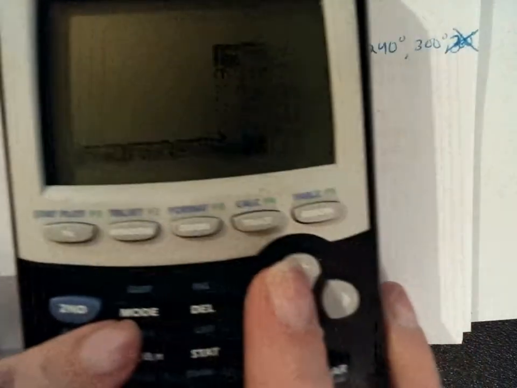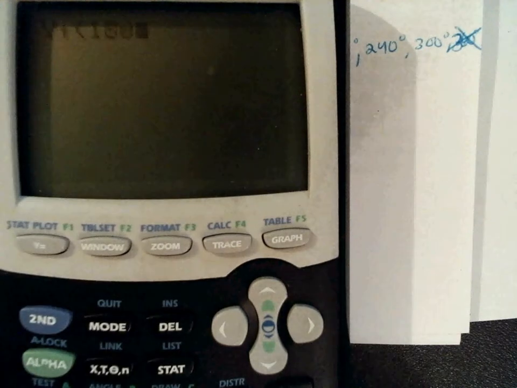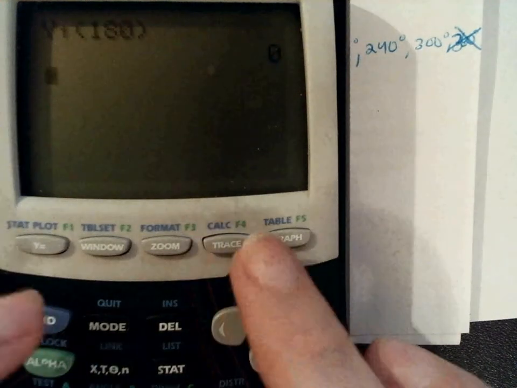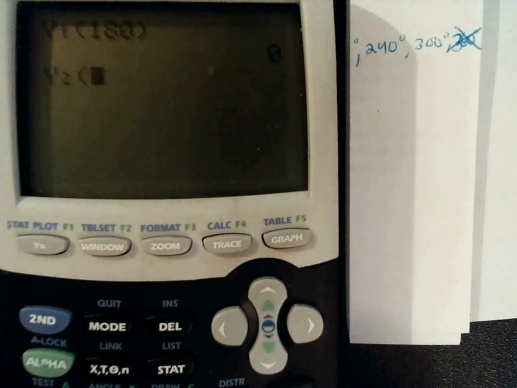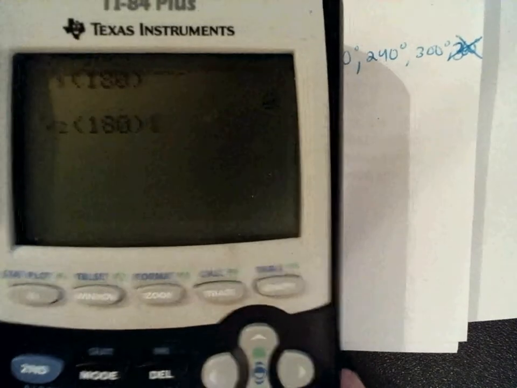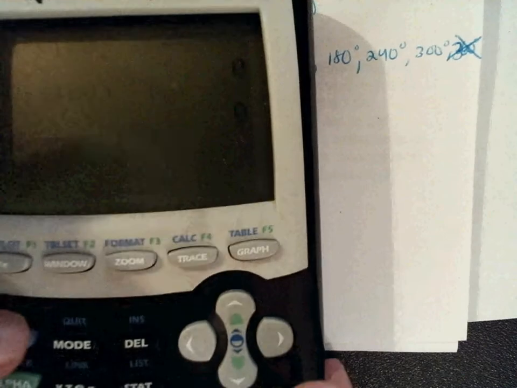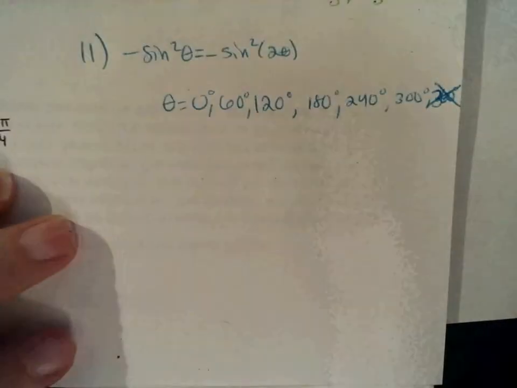And in the home screen, I can do alpha trace, and I can do y1 open parentheses at 180. Press enter. And then do y2. So alpha trace y2 at 180. So open parentheses 180. And this is just like function notation, f of. So you're plugging 180 in and you get 0 for both. So that's another confirmation that they're the same.